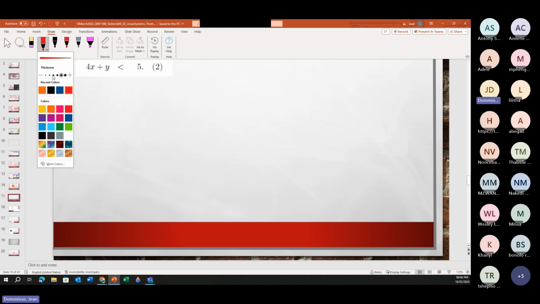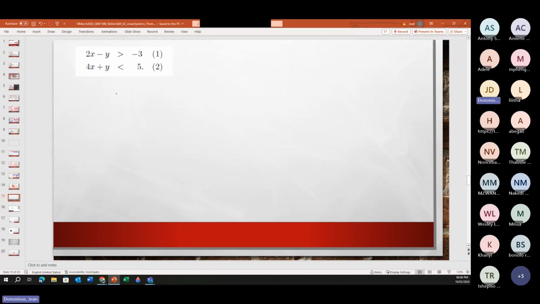So mathematically, we would have done exactly the same as with an equal sign. So there we've got 2x, there we've got y. So I would have said there's a minus y plus y. So I would have said 1 plus 2.